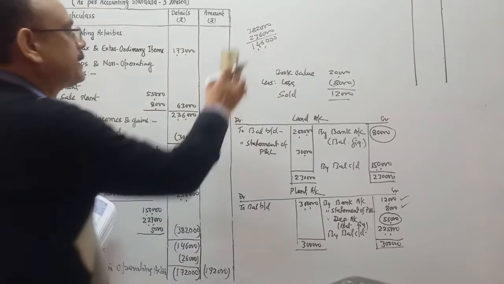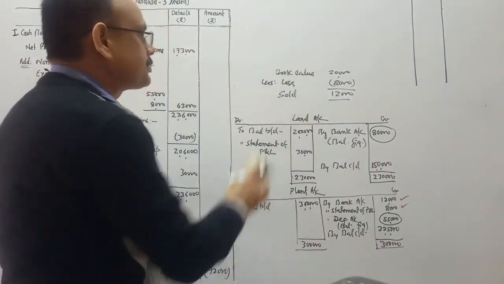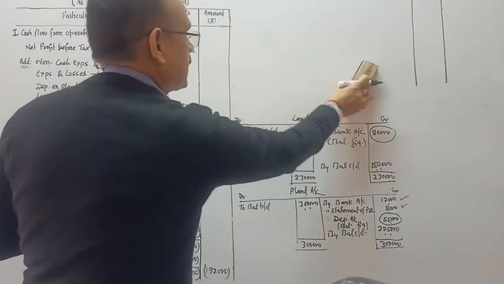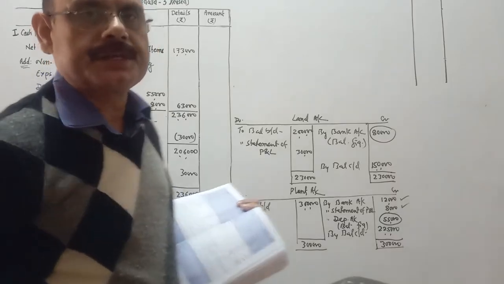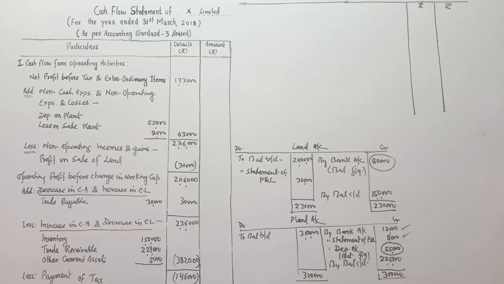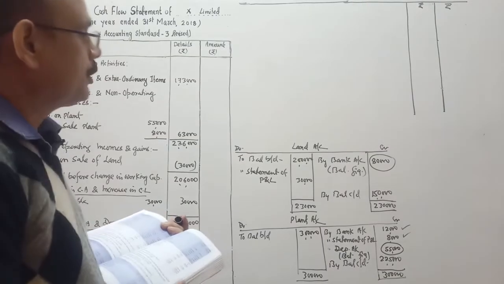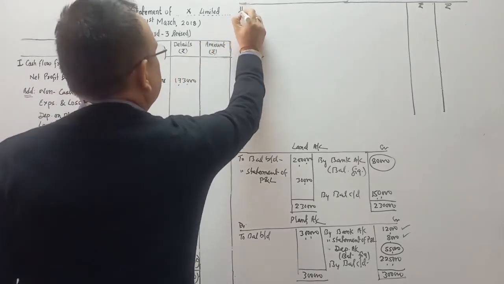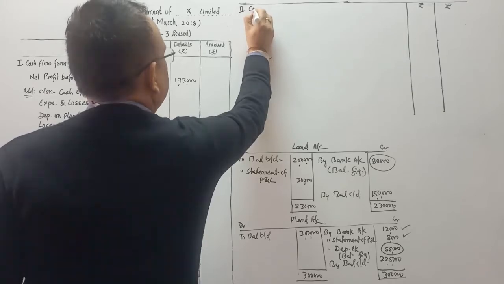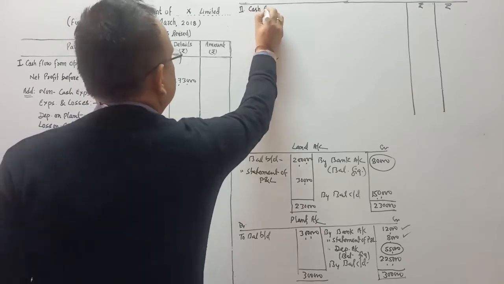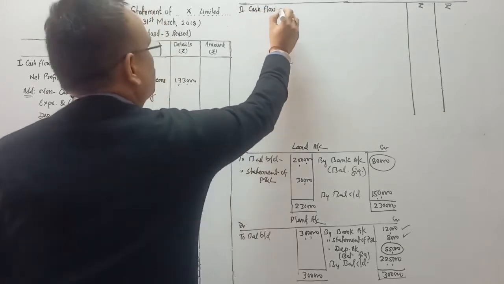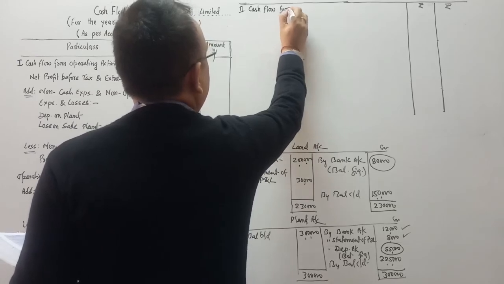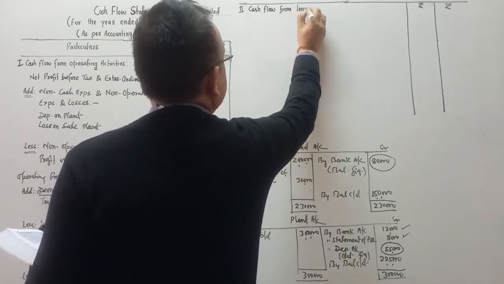Now we'll calculate the cash flow from investing activities. Now come to the next. After operating activities, the second activity is cash flow from investing activities.